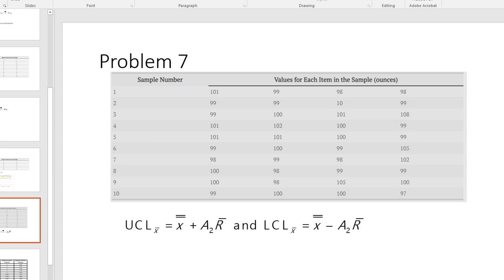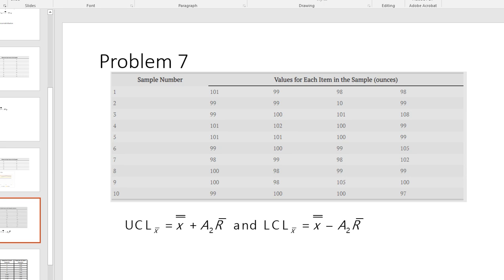So we obtain the upper limit of 107.056. And we use a similar way to calculate the lower control limit. It equals x double bar minus A2 times the average of the range, and we obtain 88.394 as the lower control limit.